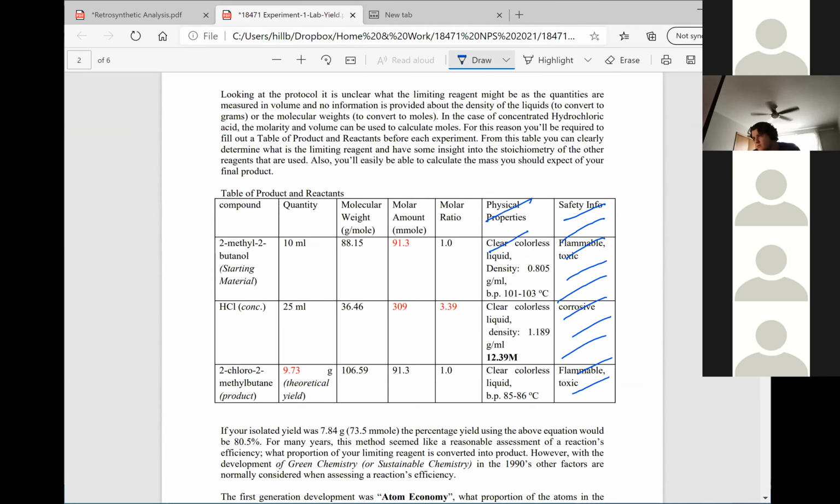The only thing is, if your starting material has a density or a concentration, you can put that there, because it helps convert between a mass and a liquid volume in the case of density. And in the case of a concentration, if it's an acid, you can use the moles per liter, because that's what molarity is. If you've got X liters, you can calculate the moles from that. Forget about that column, it's only if there's a density or a concentration that you need to worry about.